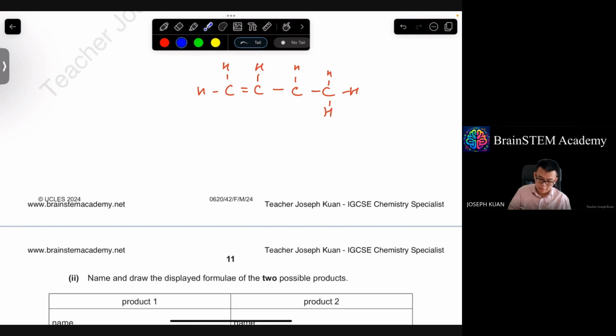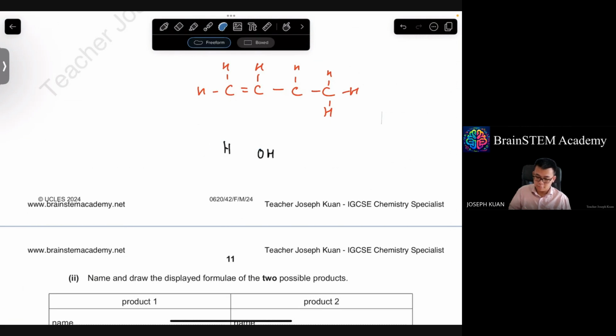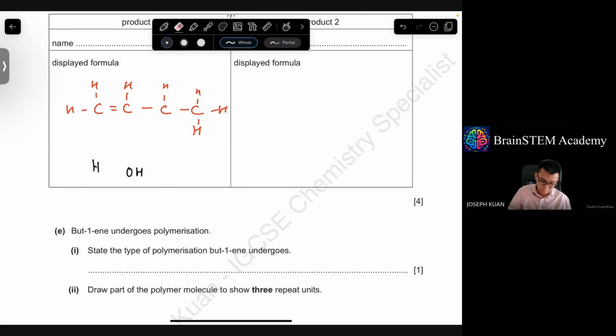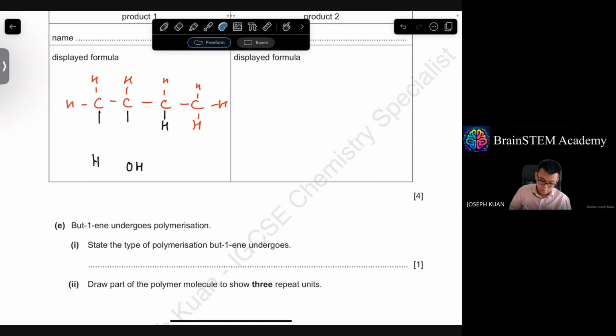So there are two possible reactions that can happen here. Either hydrogen goes to the first carbon and the hydroxyl group goes to the second carbon, or the other way around. Let me copy this and move it down. Open the double bond, form two new connections. Oops, actually I'm drawing it wrongly, sorry, I'm missing a hydrogen.